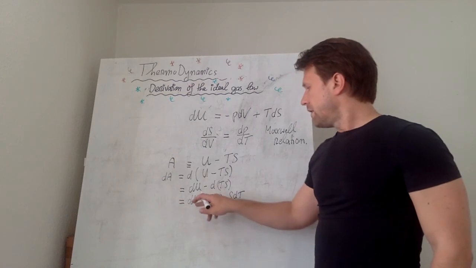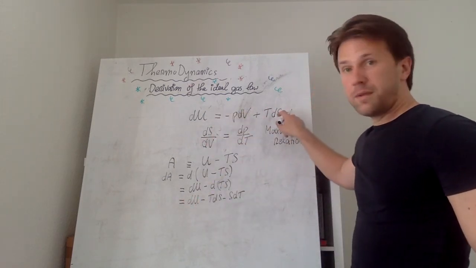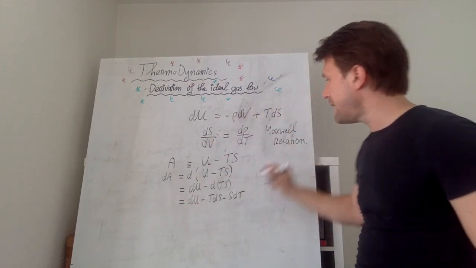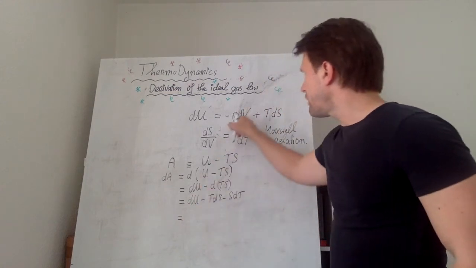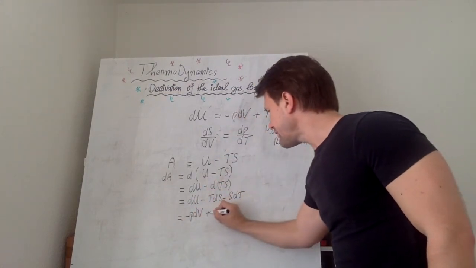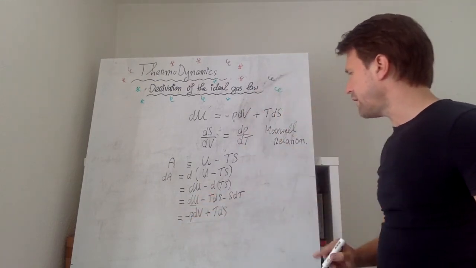Okay, now let's continue. dU, I know from the first law of thermodynamics. So I can replace dU by what I know from the first law it should be. So dU I will now replace by minus PdV plus TdS. So this is just that by the first law.